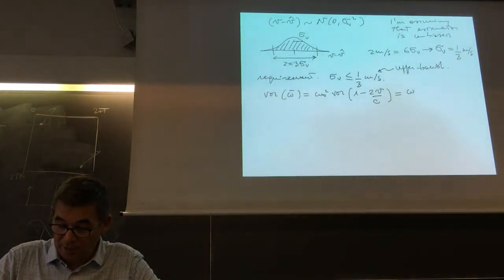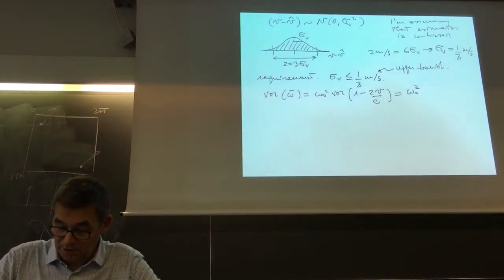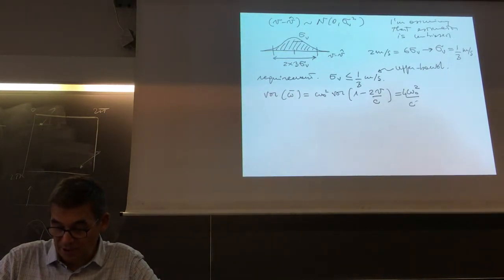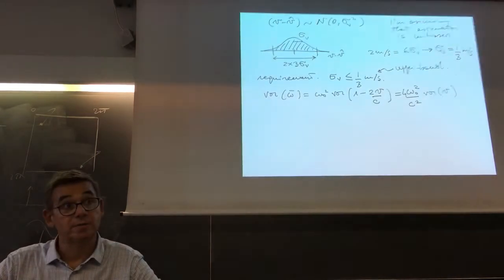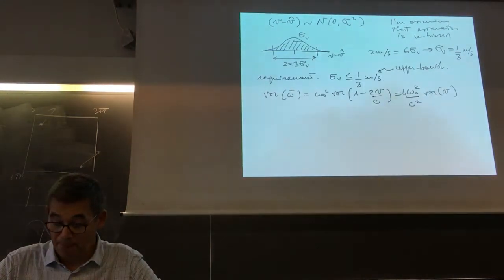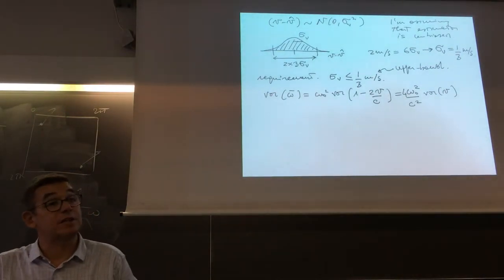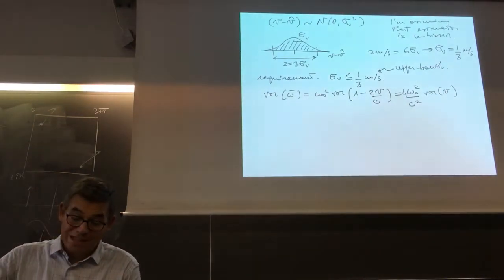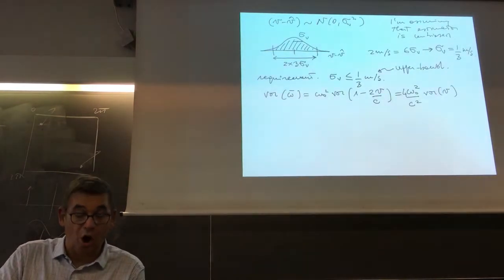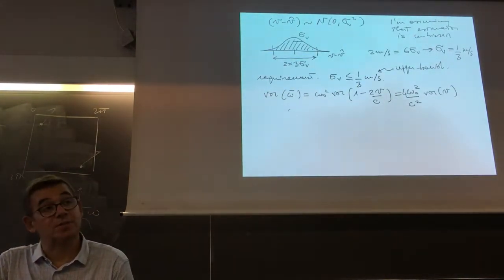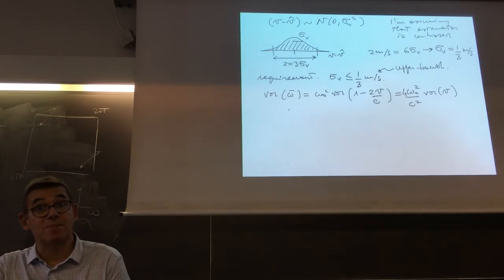So I have omega 0 squared, multiplied by the square of 2, which is 4, divided by C squared, and then the variance of the speed. So once I get the variance of omega, I have the variance of the speed. It's just a mapping.